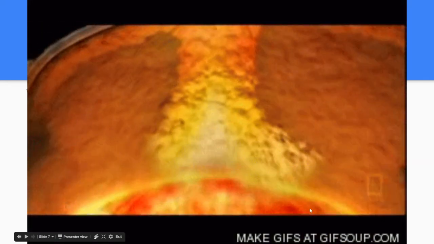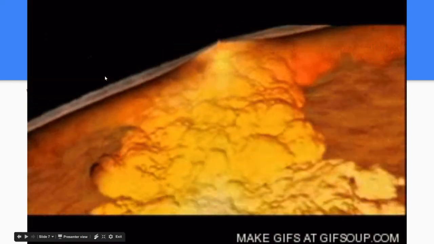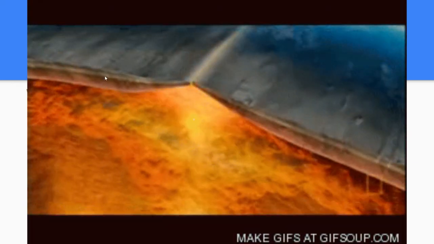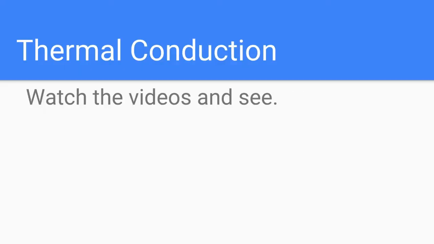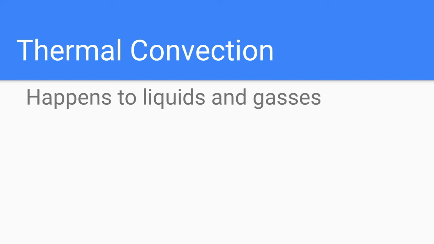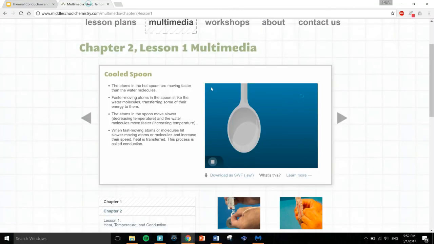Okay, so it's less dense, and then as it hits the top, it starts to cool down. You can see it starts to cool down. All right, and as it cools down, it becomes more dense, and then it falls back towards the center of the Earth. Okay, so this is supposed to demonstrate thermal convection.